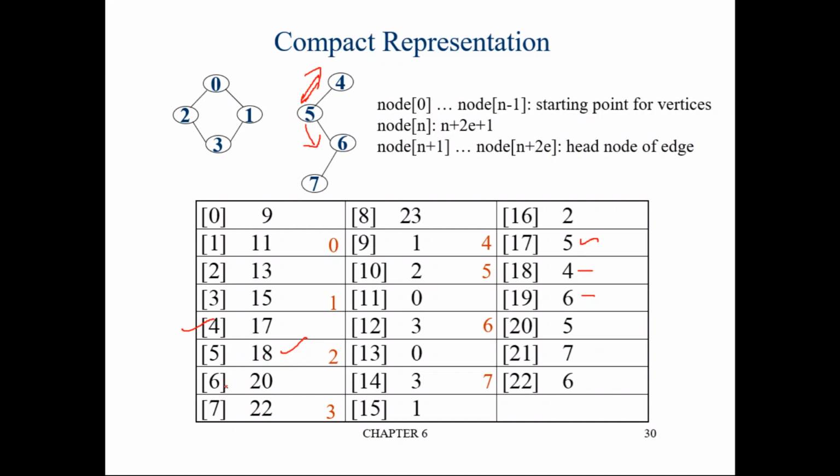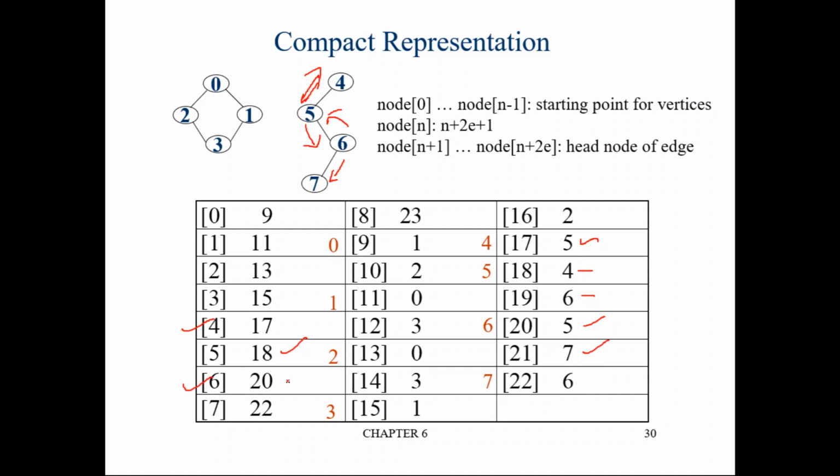So the edge detail of vertex 6 should start at which location? 20. So vertex 6 contains how many edges? 2 edges. What are they? 1 edge to 5 and 1 edge to 7. And it starts at which location? 20. So there is an edge to 5 from 6 and there is an edge to 7 from 6.